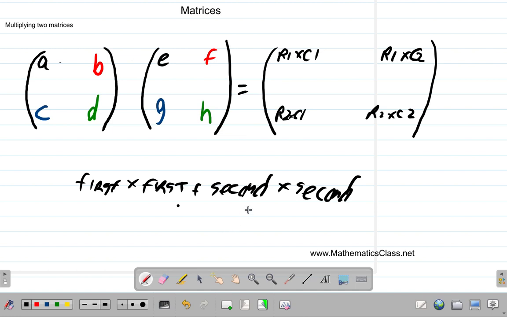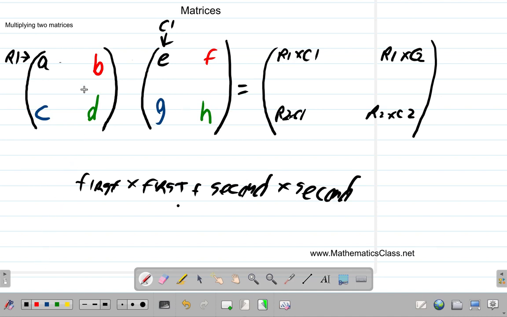What does that mean? Remember, this is row 1. This is column 1. See that? Now, row 1, column 1. You will multiply row 1 by column 1.